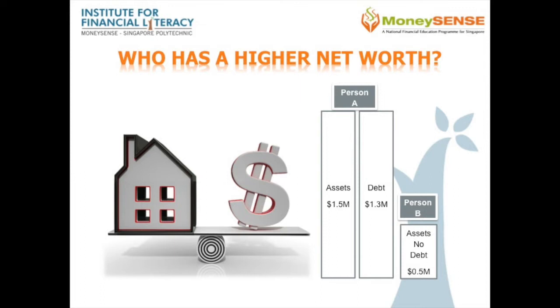Between person A and person B, who has a higher net worth? Yes, you are right. Person B has a higher net worth. For this example, person B's net worth is 0.5 million, which means 500,000, whereas person A has a net worth of 200,000, 0.2 million, even though he has assets that are 1.5 million.